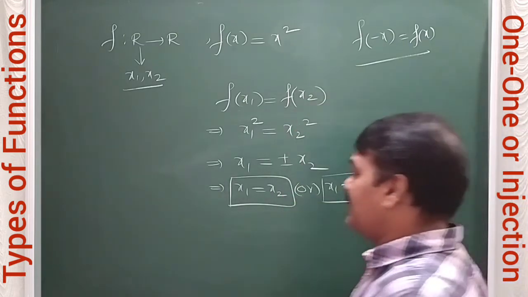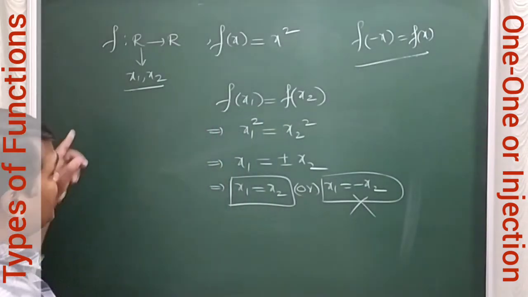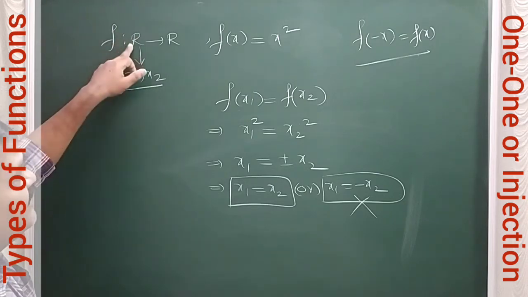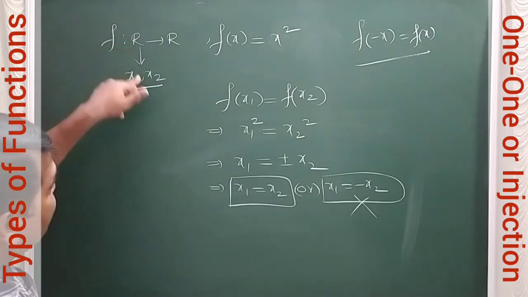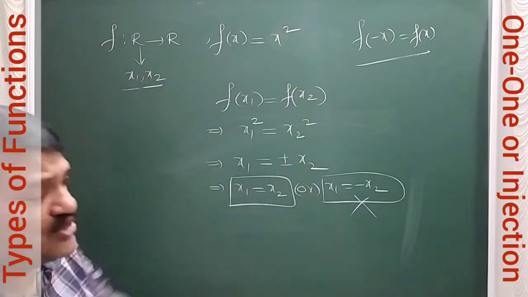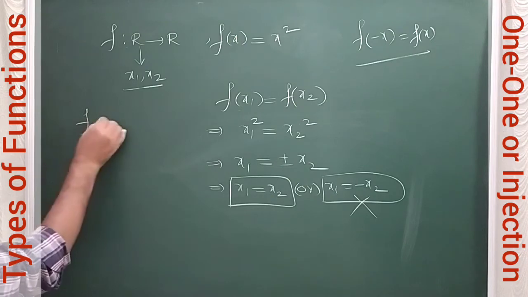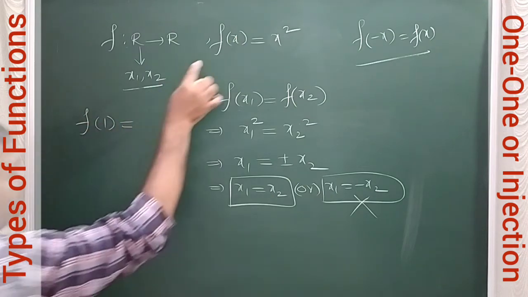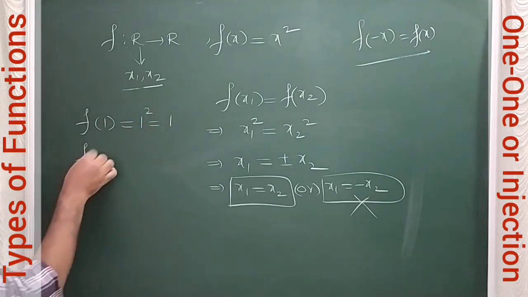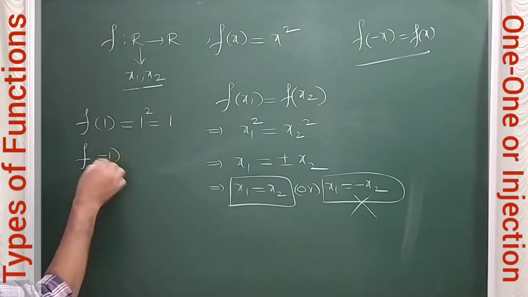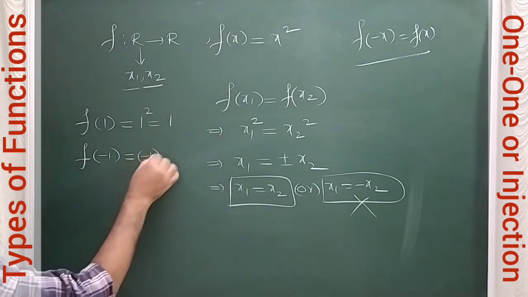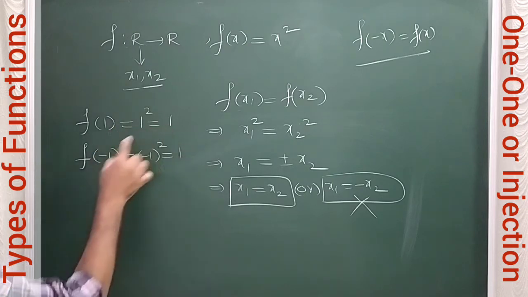Why it is not 1-1 is because the domain has real numbers, meaning both negative and positive numbers are there in the domain. And for negative and positive numbers, you may get the same image. For example, if I take f of 1, what is your answer? 1 square means 1. If I take minus 1 in the domain, what is f of minus 1? Minus 1 whole square, the same you are getting, see.